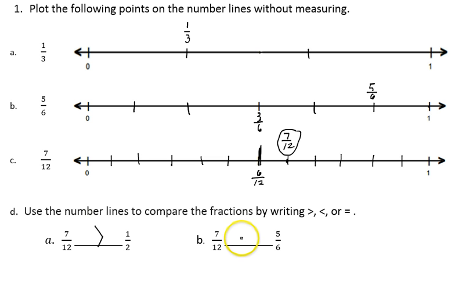If I compare 7/12 to 5/6, I have 7/12 here again, and 5/6. 7/12 is less than 5/6 because 7/12 is closer to 0 than 5/6.